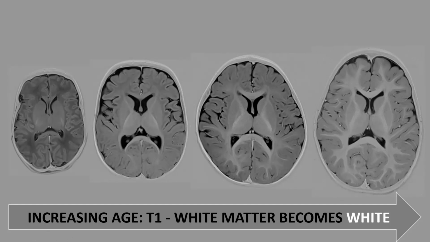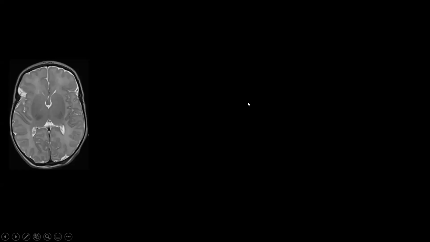So, over the first 2 years of life, white matter gradually becomes more and more hyperintense or white on T1 weighted images. And the inverse we see on T2 weighted images.